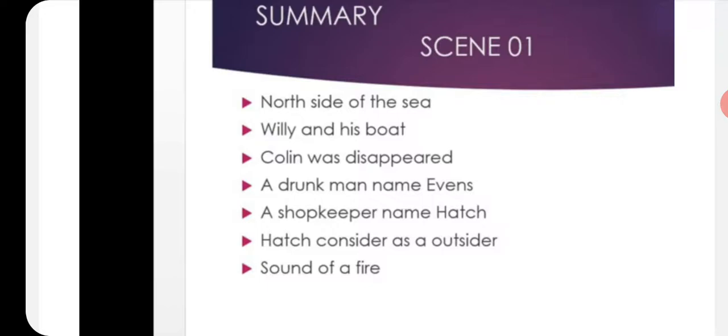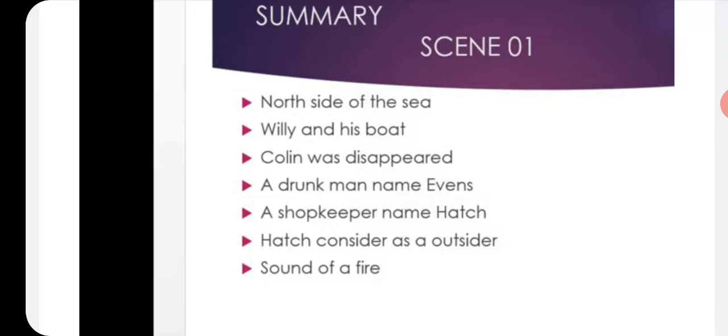A drunk man passes by him. His name is Evans, and Willie calls him for help, but he shakes his head and says things which Willie can't understand because he is drunk. After that, the shopkeeper appears, whose name is Hatch. Hatch has been given the responsibility of coast guard there, and when he sees Willie, he thinks Willie is an agent of the aliens.